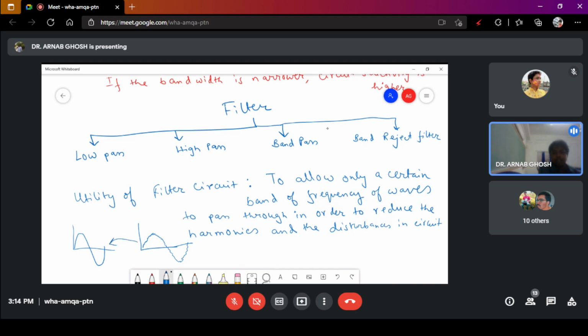It will eliminate these disturbances and make this curve a smoother one, or regain the originality of the wave. These are the disturbances or harmonics that are disturbing the wave. The filter is eliminating these disturbances and the harmonics, and maintaining this smooth curved nature.